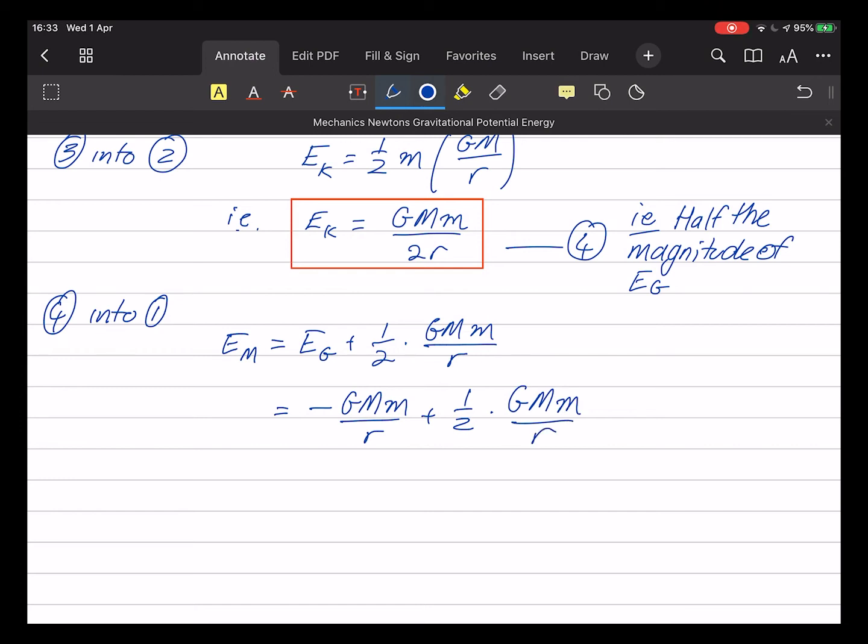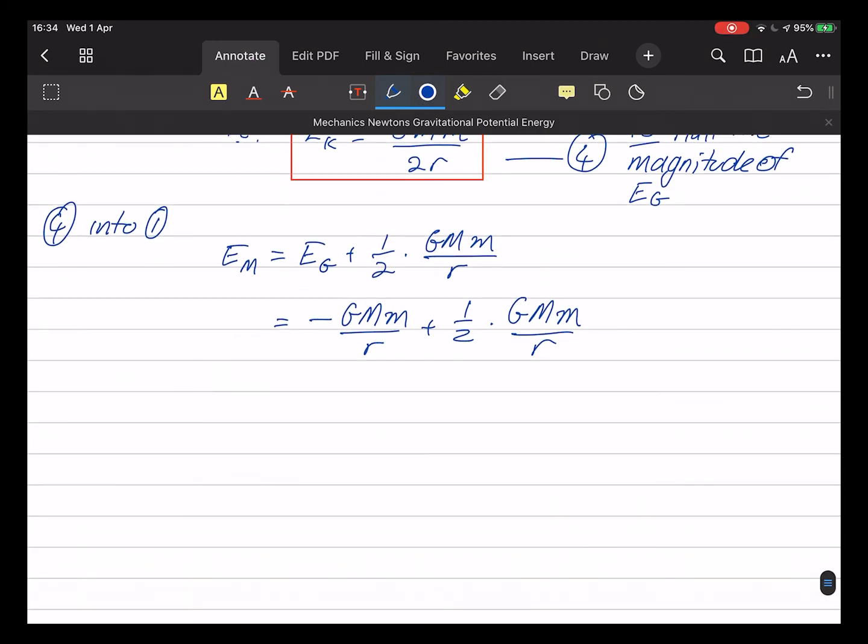So it's minus 1 plus a half of this blob, which is minus half of that. That's minus half of this thing.